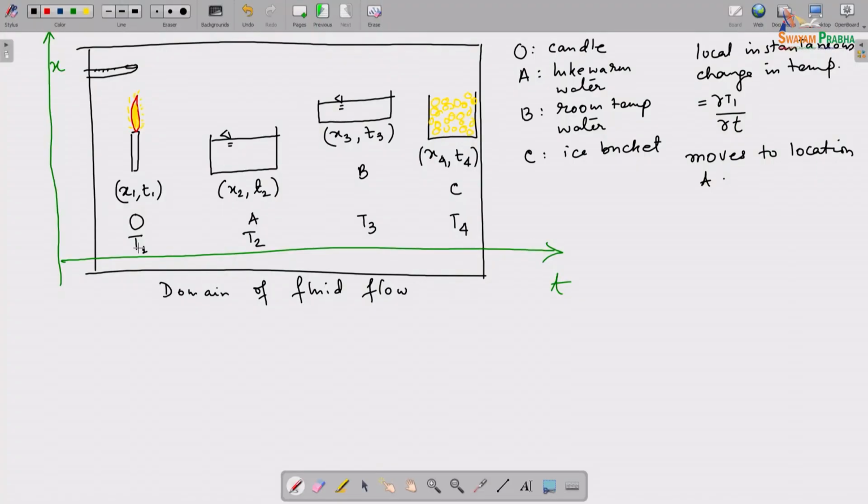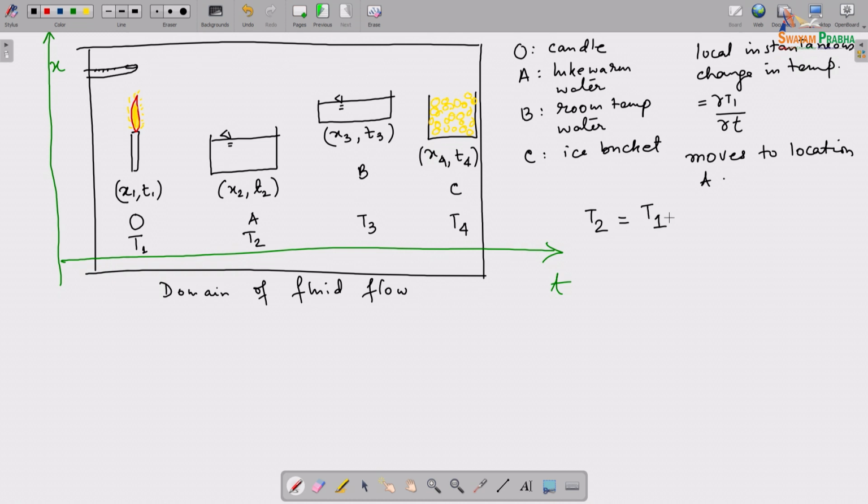So, initially I had my temperature which was T1, and now the temperature here is T2, but the temperature changes, right. So, I have a temperature which is T2, but how is this related to T1, my same finger, right?